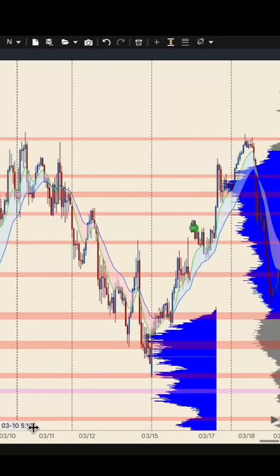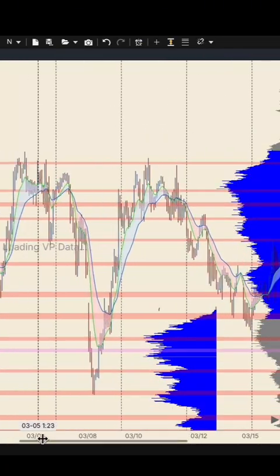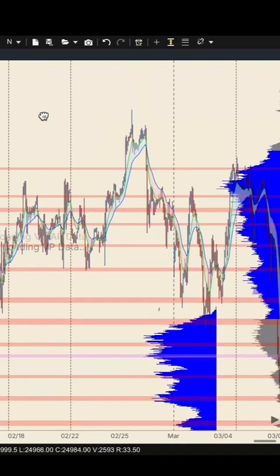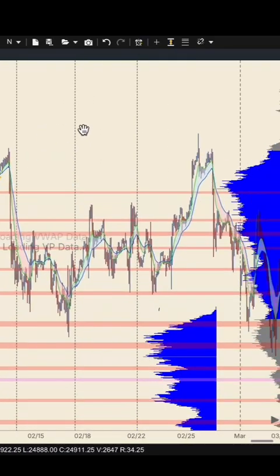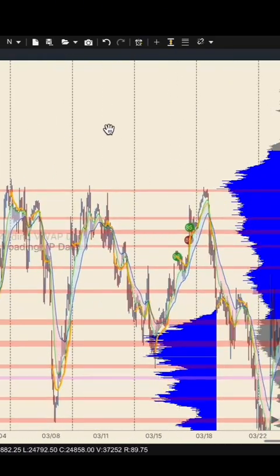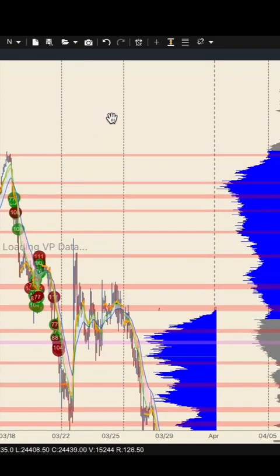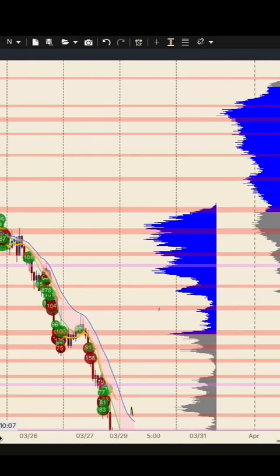But for the most part, we were in this range, within this value area for a very long time. Well, not that long. Well, actually, yes. From early February all the way to around March 19th, somewhere in there. A little over a week ago.